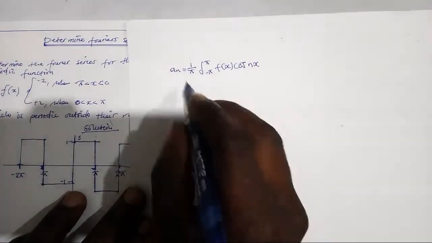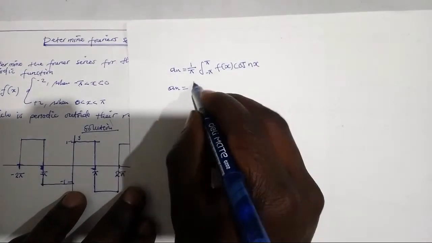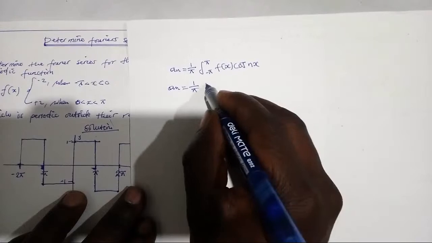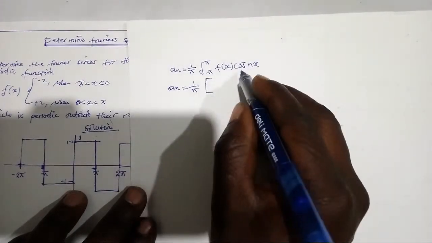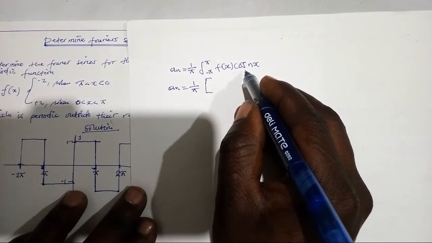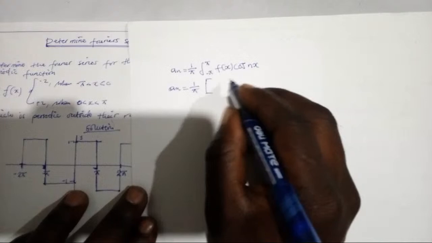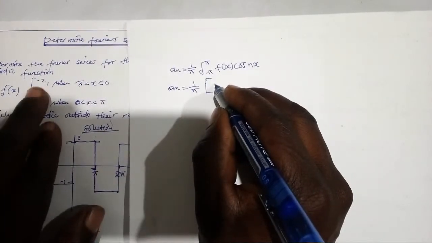In which a sub n is equal to 1 over pi, then open square bracket, then we are going to say when the derivative of cos, it is sine, okay? Here you are going to have, so we are going to use this negative which you are seeing here.